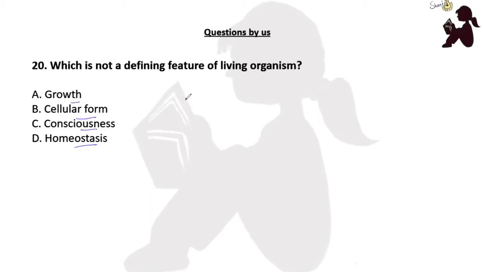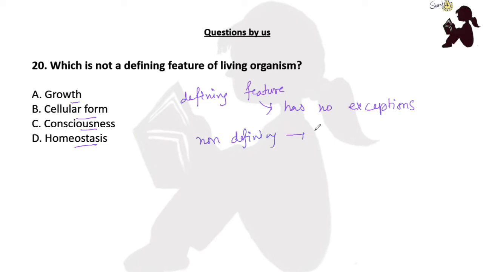So a defining feature has no exceptions. But the non-defining features are those which have exceptions. Okay. So not a defining feature means this question asks for the non-defining feature of life.